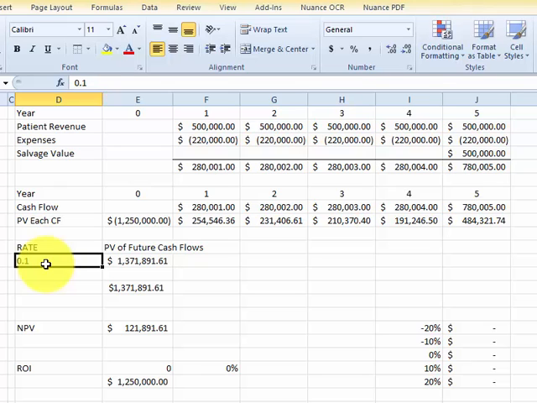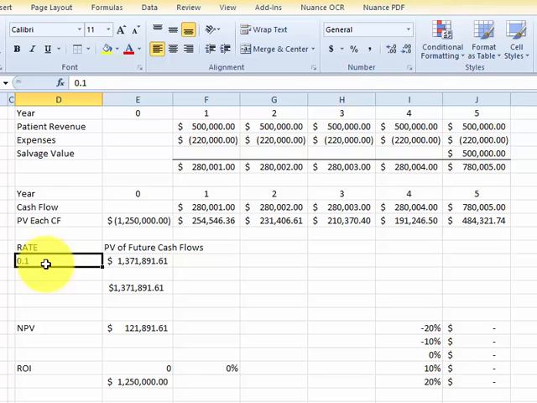So 100% is written as 1.00, but 10% is written as 0.1 or 0.10. 9% would be written as 0.09, or in the world of Excel, it thinks of it this way. So I used a discount rate of 10%.